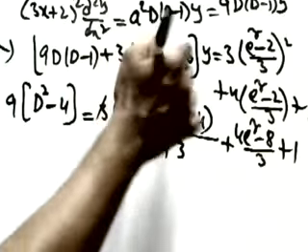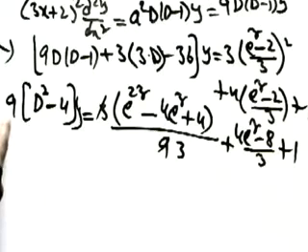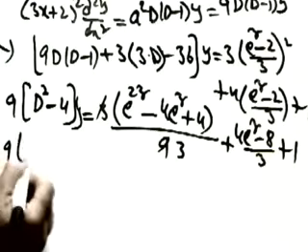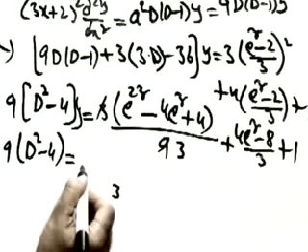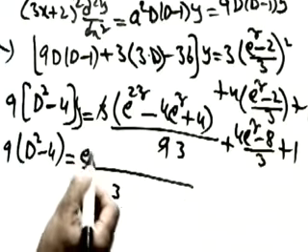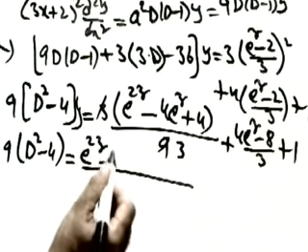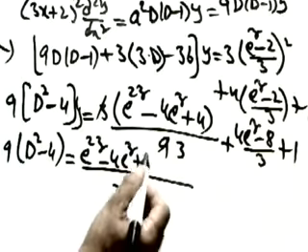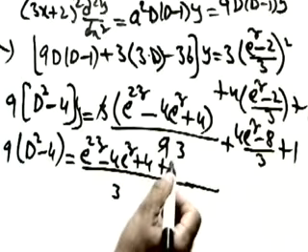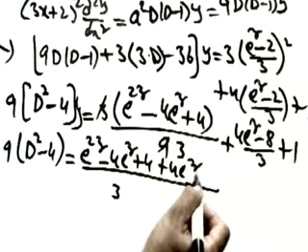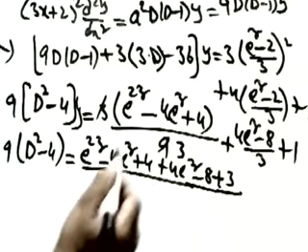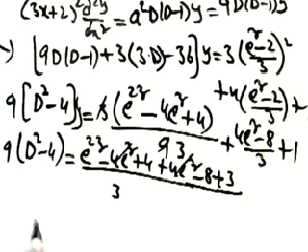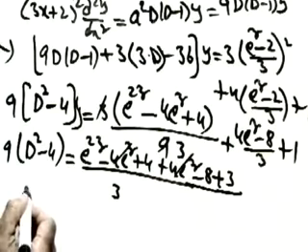Now let me take the LCM. So into y we have 9(D² - 4) equals, taking LCM 3: e^2z - 4e^z + 4 + 4e^z - 8 + 3, and the minus and plus 4e^z get cancelled.